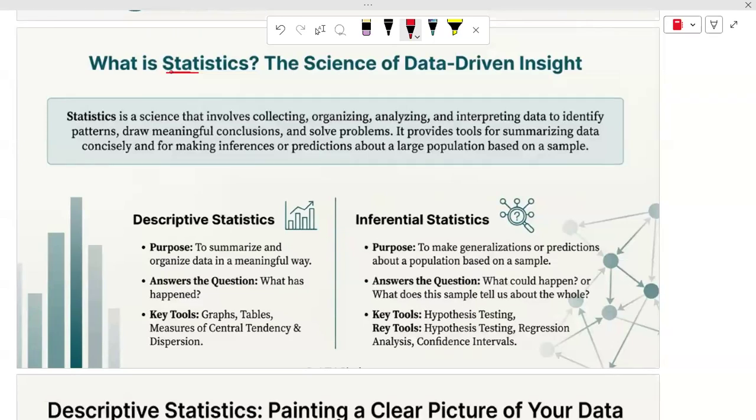I want everyone to be more interactive. Yes, sir. What is your understanding about statistics? Statistics, it's a study of data. Yes, very good. This is the study of data. Very good. And what else?